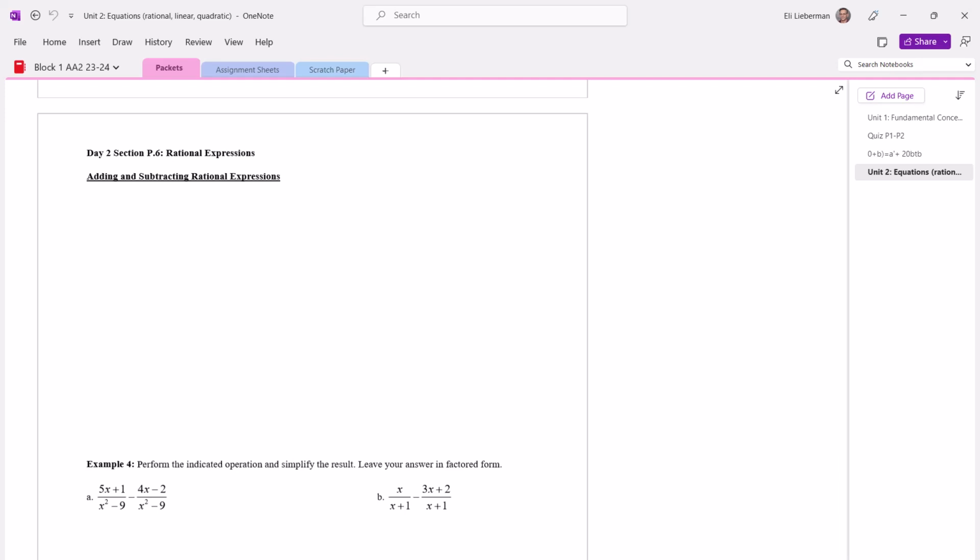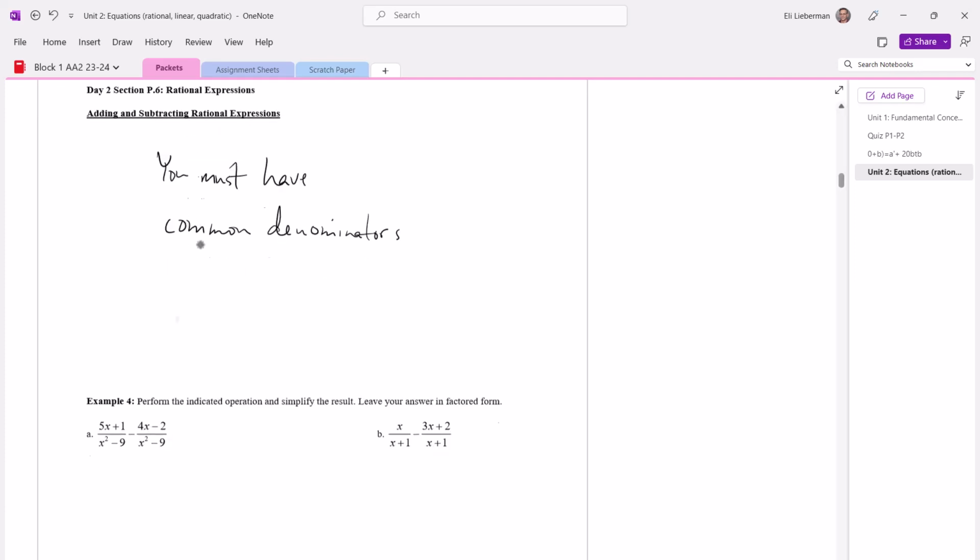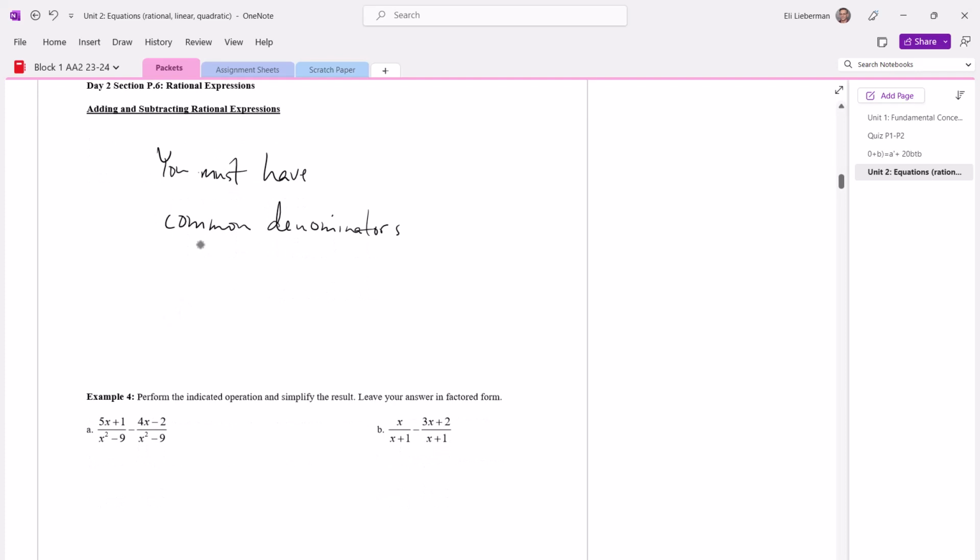I'm just going to say you must have common denominators. I know that's really helpful information for you. You didn't know that. Mind blown. I know. Preferably.